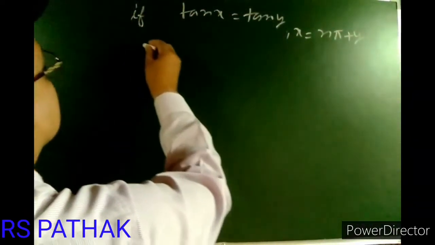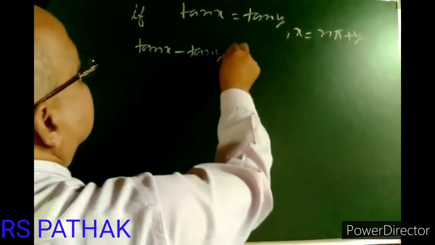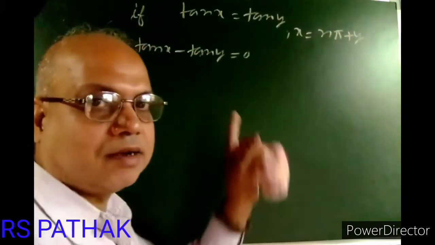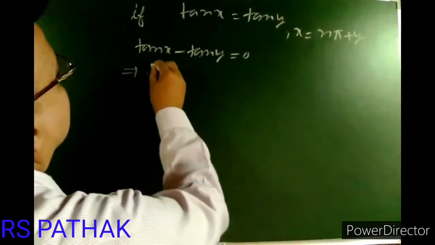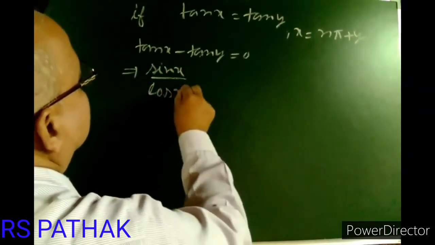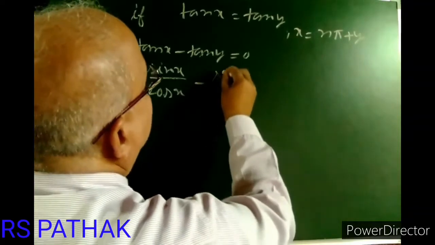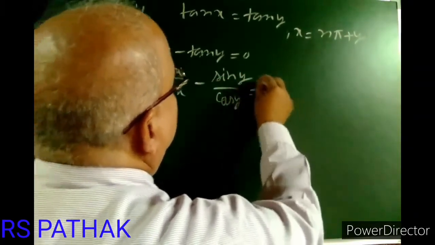I am taking this, tan x minus tan y is equal to 0. I can write it. It can be written as sin x upon cos x minus sin y upon cos y equal to 0.